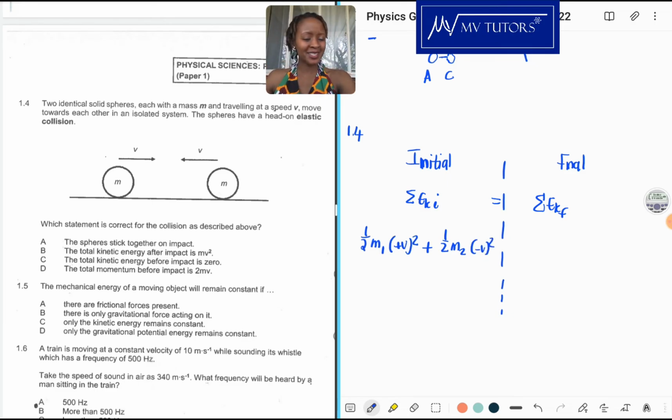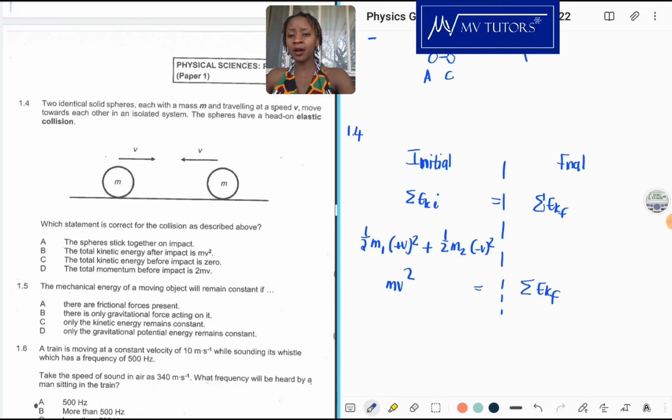Obviously, positive or negative, as long as you square it, it will be positive. So half plus half, I will have m v squared. And that will definitely be equal to your final kinetic energy.